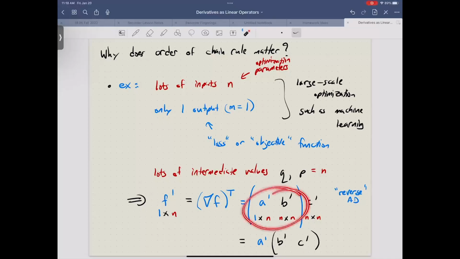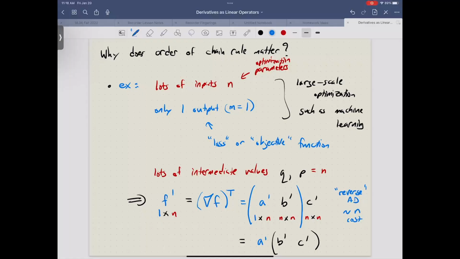And then what's the output of this? The product of a row vector times a matrix is another row vector. And so then you multiply this row vector times a matrix. So the whole thing costs order n, sorry, order n squared, sorry. Yes, it's proportional to n squared, right? Because it's vector times matrix.